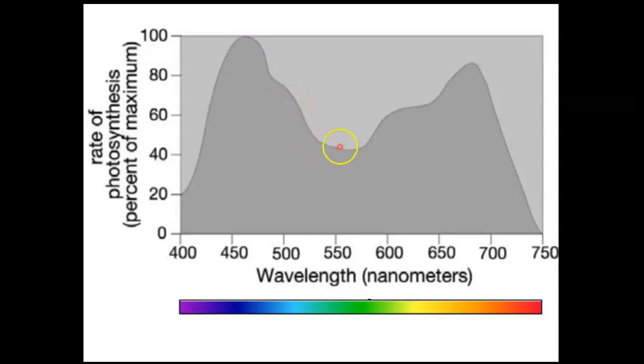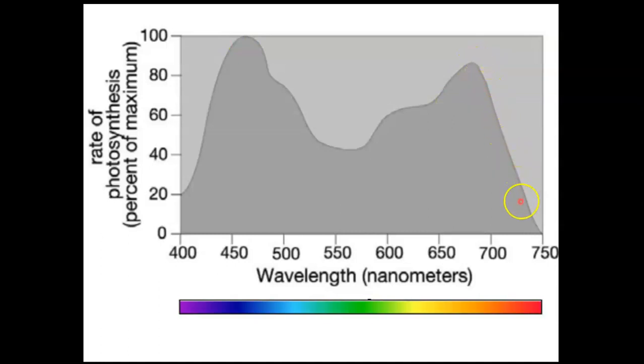If we had slightly paler blue light moving towards green, then we see that the rate of photosynthesis is going to drop off. We get to the green, still some is happening. We're still getting some photosynthesis, but a lot of that energy is not being picked up. We move up through yellow and then orange and into red, and now we get another peak around this sort of orangey red color where we're getting really good photosynthesis. Not quite as good as we did with the blue, but good nevertheless.